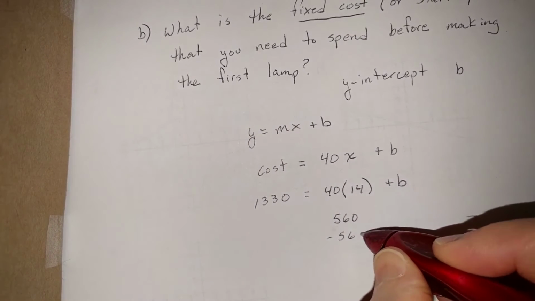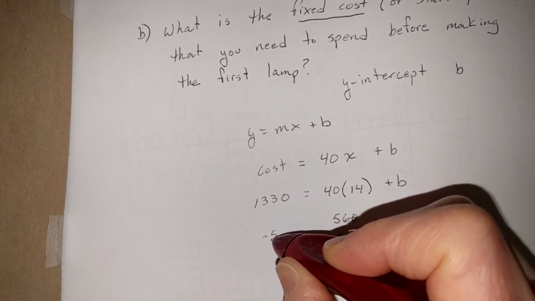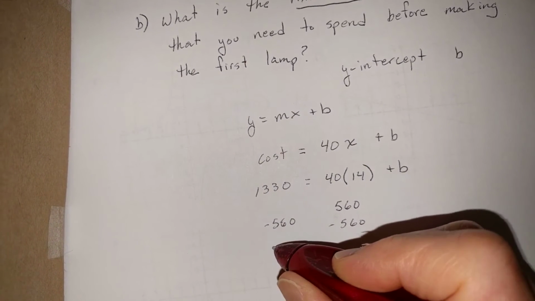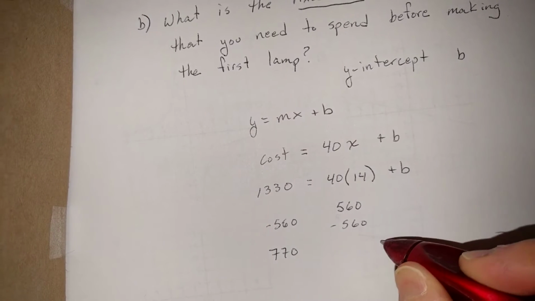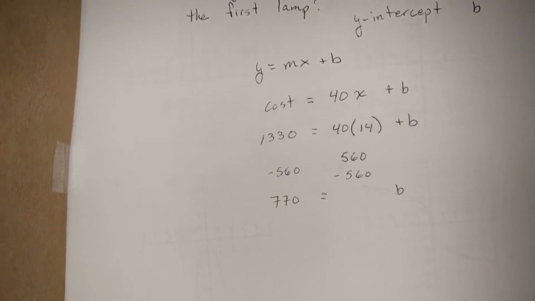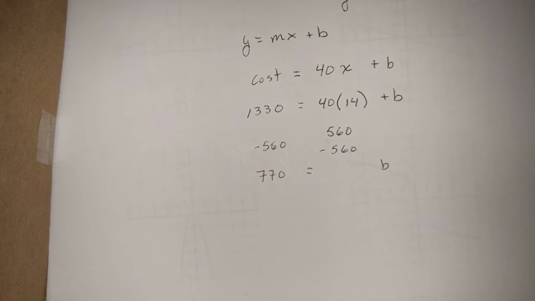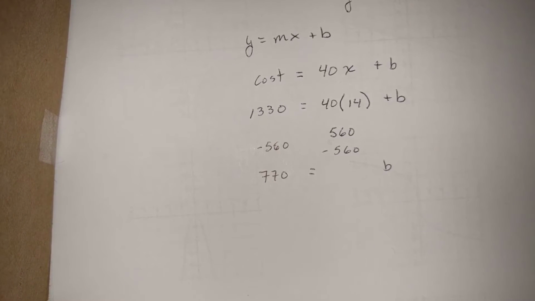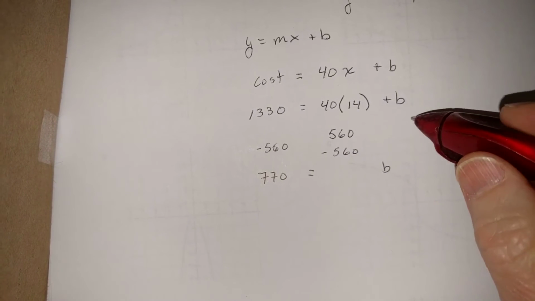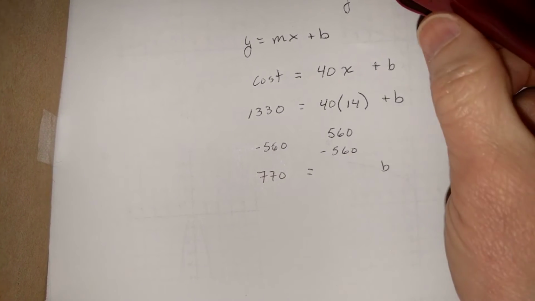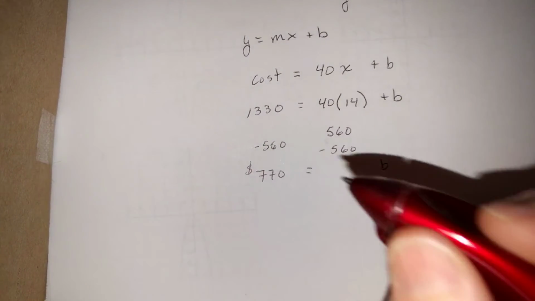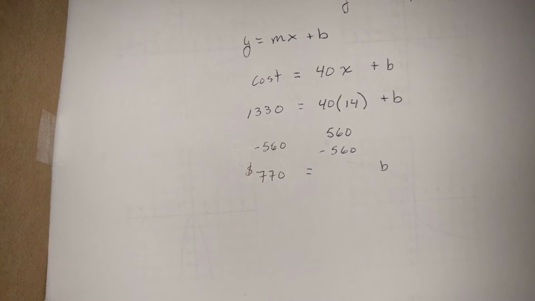Subtract 560 from both sides, and I get 770 equals b. So b is my y-intercept. It is the cost I need to spend before making my first lamp, and it is 770.